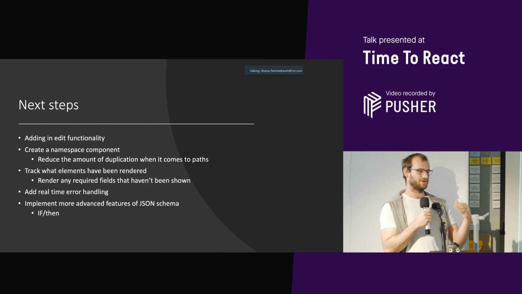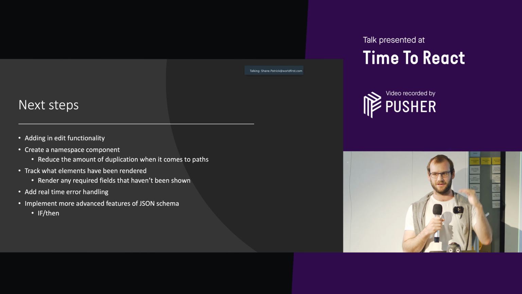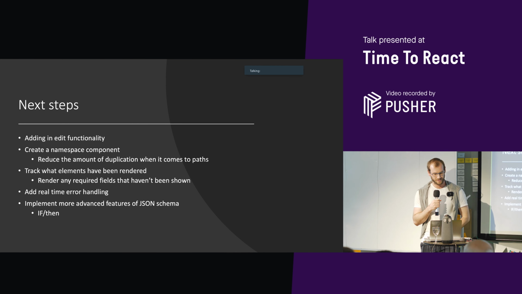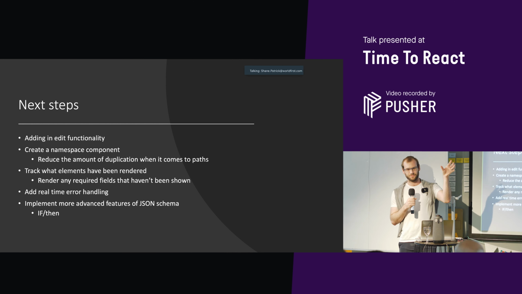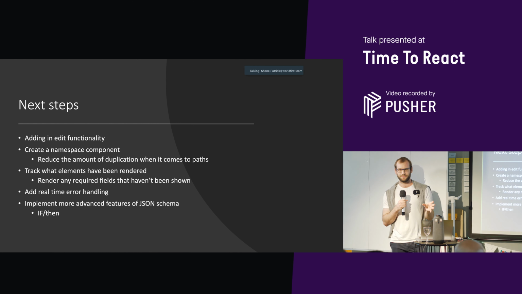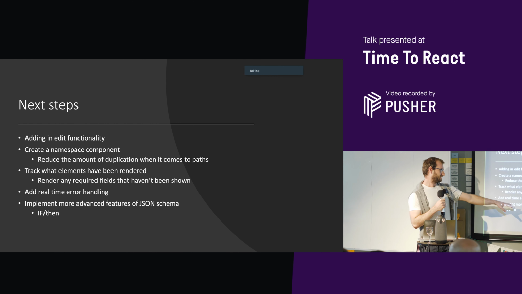So we can use a component to track what has been rendered and what hasn't been rendered, and then just display that underneath. We can add real-time error handling. Because we're getting all that information from the schema and it's going directly into our component, if somebody enters the wrong input, we know immediately. We can implement some more advanced features of JSON schema.